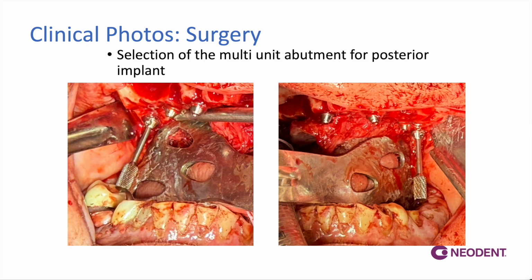And so we are checking screw channel access bilaterally. We also need to be looking at path of draw and insertion. And so that will dictate if we can use a 17 or a 30 degree multi-unit abutment. We do not want these too far off from our anterior implants.